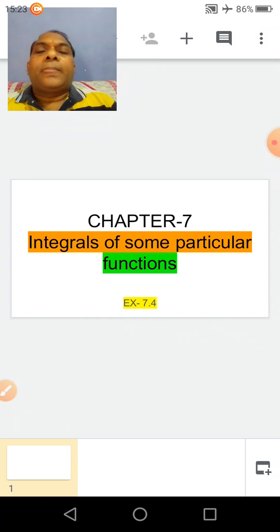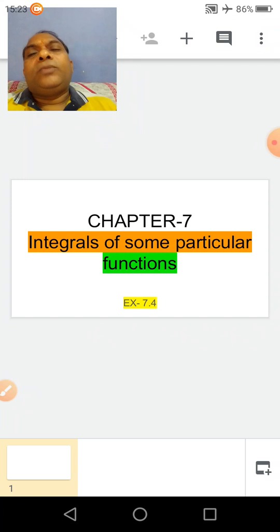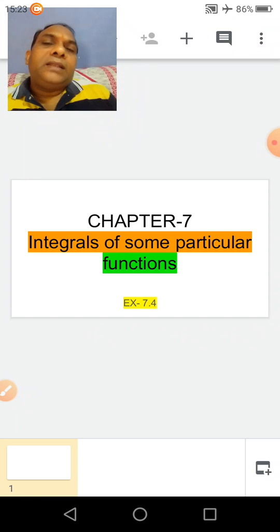And if the numerator is not equal to 1, then you have to use the formula numerator is equal to A plus B into d by dx of denominator, or you can use numerator is equal to A into d by dx of denominator plus B, and then find the value of A and B and put it.